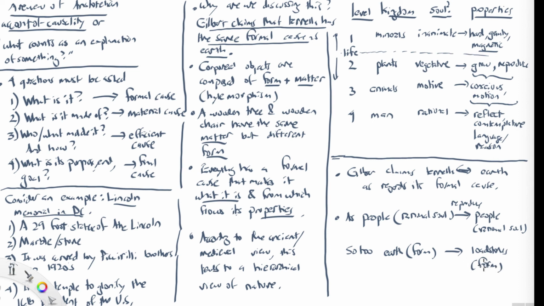That is, they share the same properties of the Earth by virtue of sharing the form of the Earth. Okay, and that is how Gilbert is thinking about this.